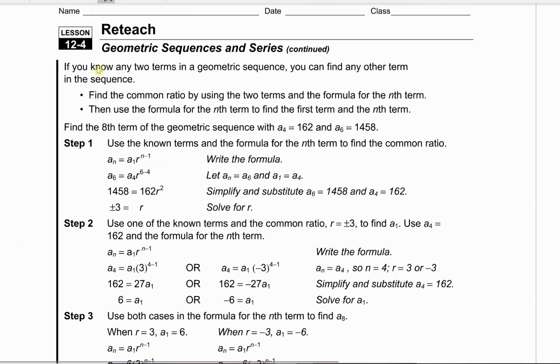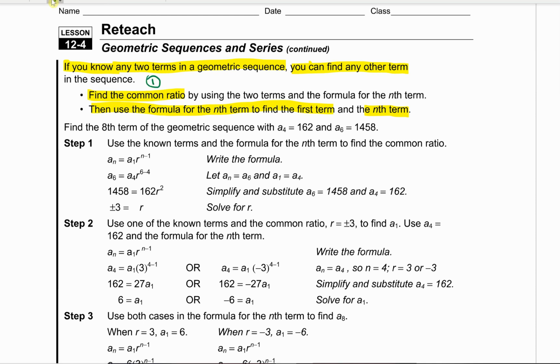arithmetic sequences too. So to find any term of a geometric sequence, you first find the common ratio, then you use the formula for the nth term to find the first term, and then you find the nth term. So if you know two terms, you can find any other term. And again, like we talked about before, it is this 3-step process.